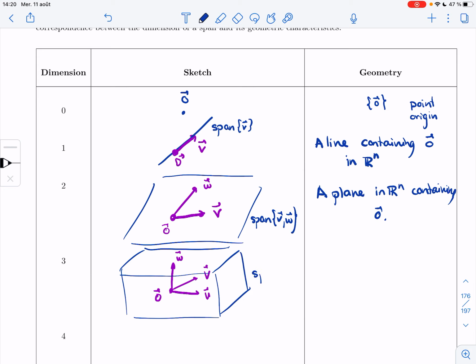So we don't really have a word for this. In R3 it would be just R3, but in general it'd be like a copy of R3 somewhere in Rn. Just like a plane is something that looks like R2, a line is something that looks like R. So this is an R3-like object, but in Rn.